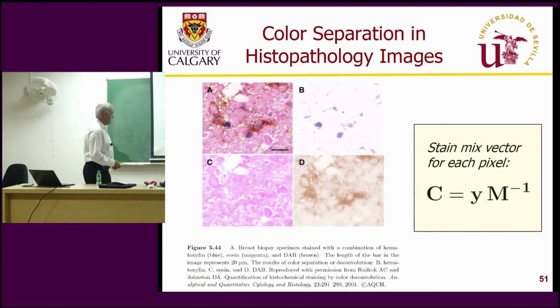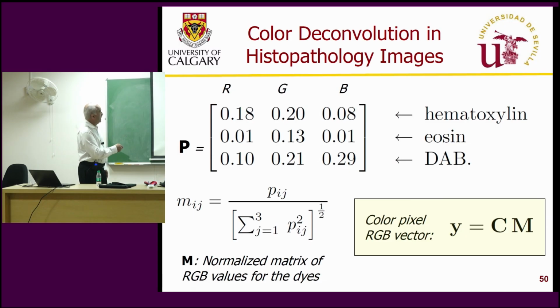So this is what was done by Ruifrok and Johnston in their paper. This is the original breast biopsy specimen stained with a combination of hematoxylin, which is blue, eosin, which is magenta, and DAB, which is that brown. And they wanted to separate them. So each pixel has a combination of these, and by inverting, these are the color definitions in RGB of the stains.